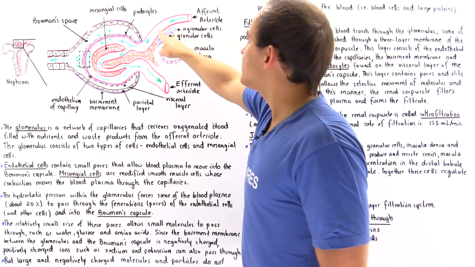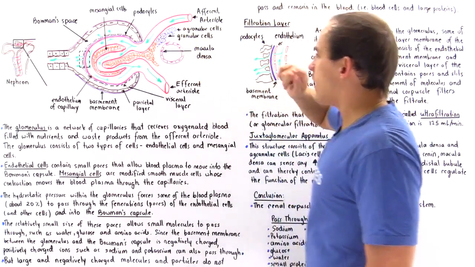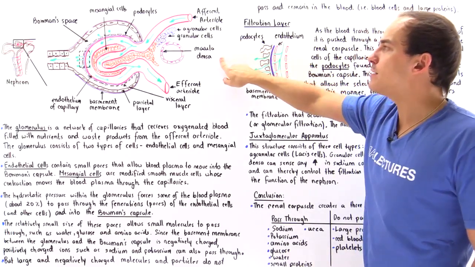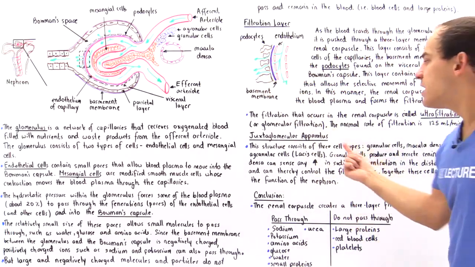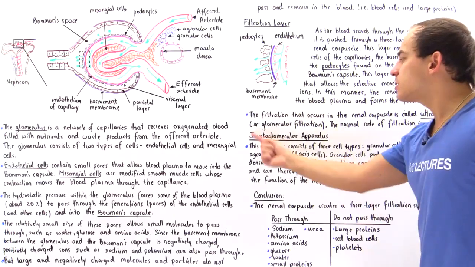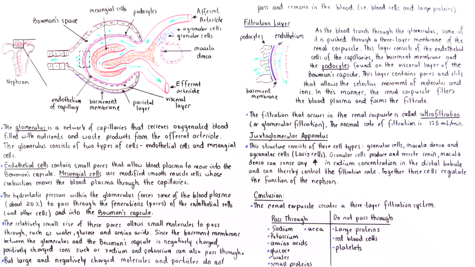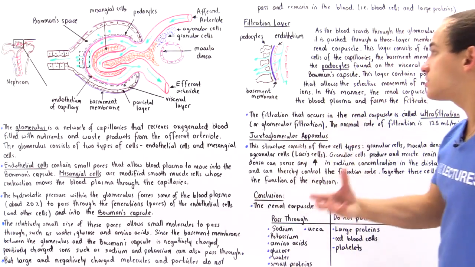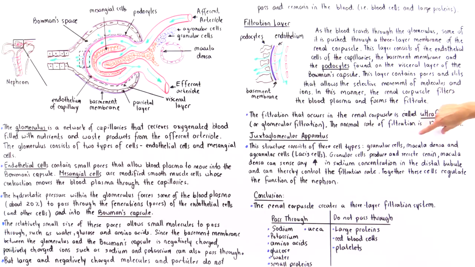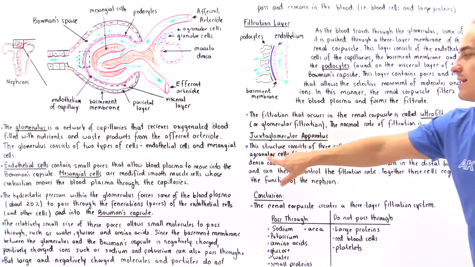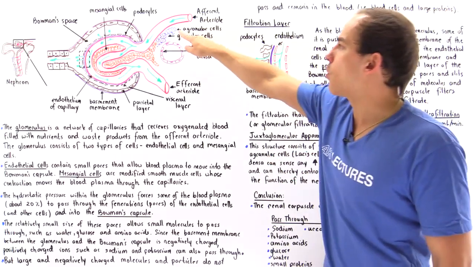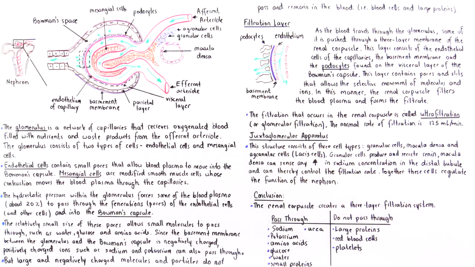Now, let's go on to these cells and let's discuss the function of granular cells and macula densa cells. So, the structure known as the juxtaglomerular apparatus consists of these 3 types of cells: granular cells, or our juxtaglomerular cells, our macula densa, as well as our agranular cells, or our lacis cells.